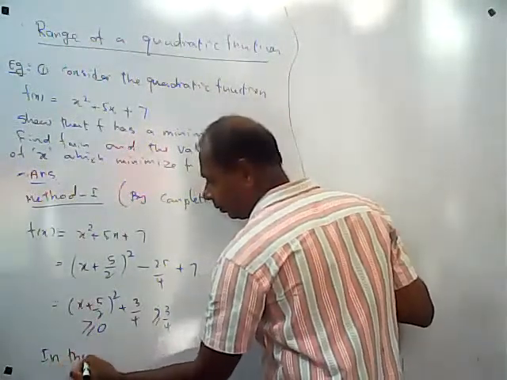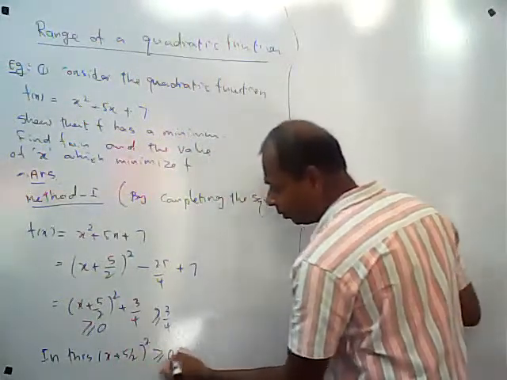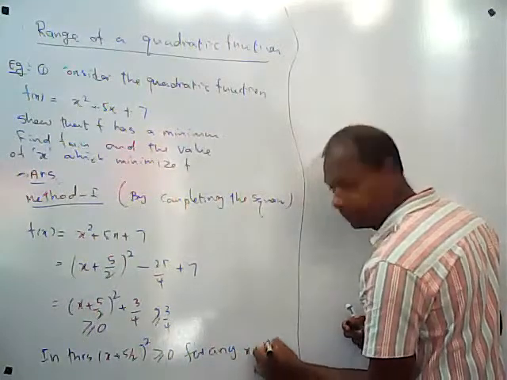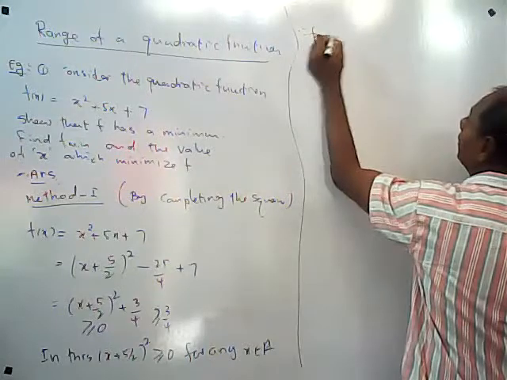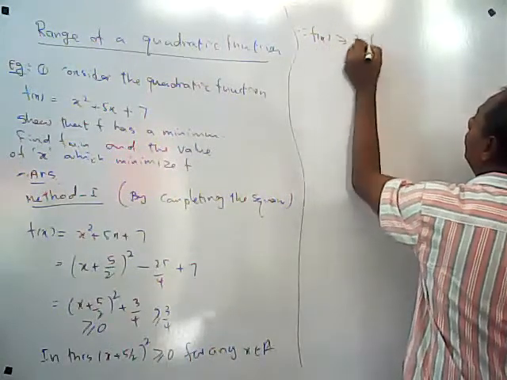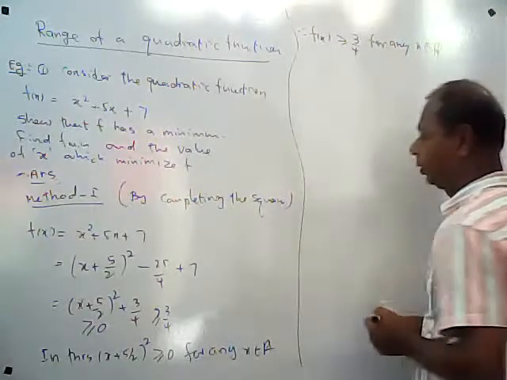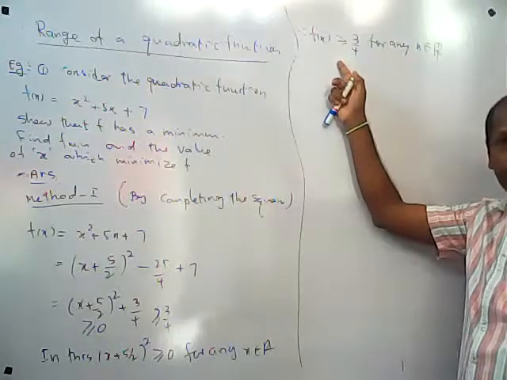In this, (x plus 5 over 2) squared is greater than or equal to 0 for any x belongs to R. Therefore, f(x) is greater than or equal to 3 over 4 for any x belongs to R.